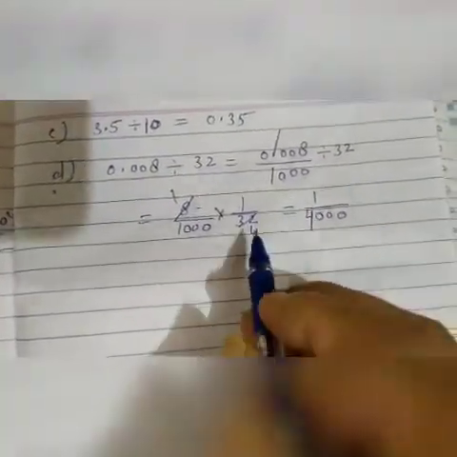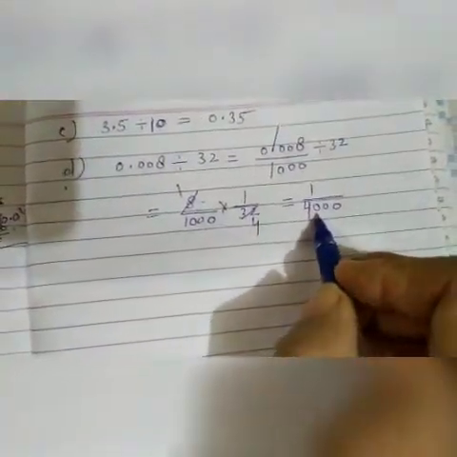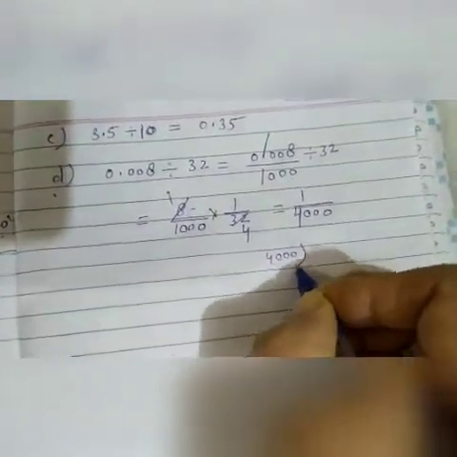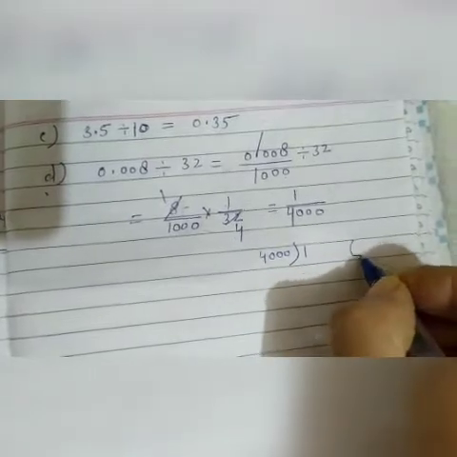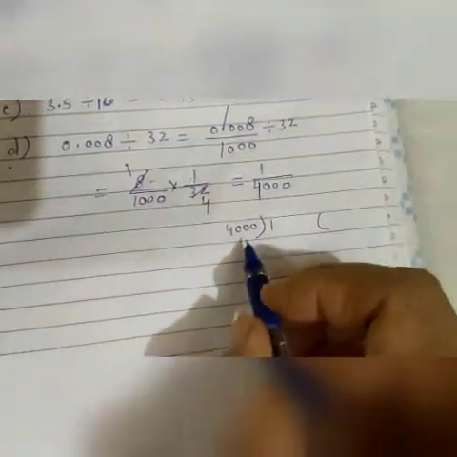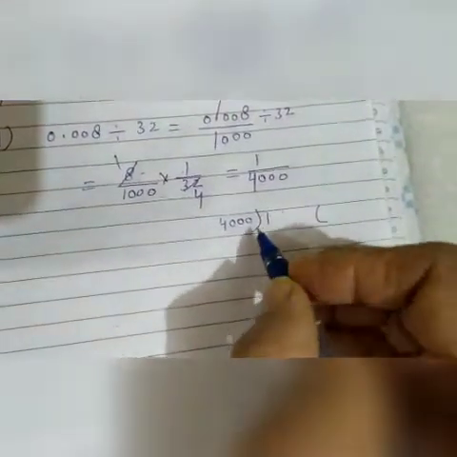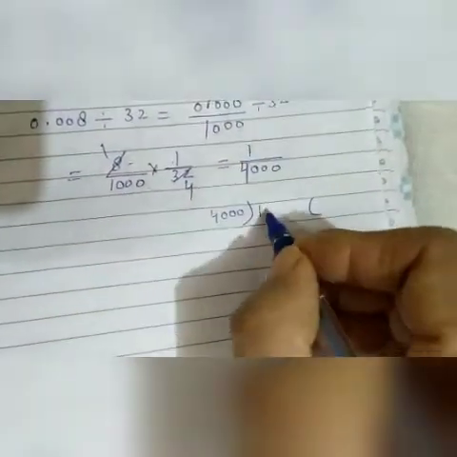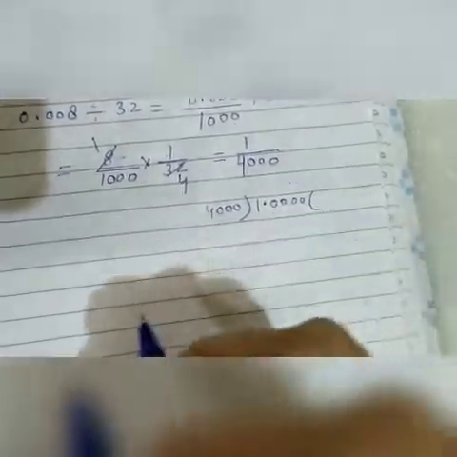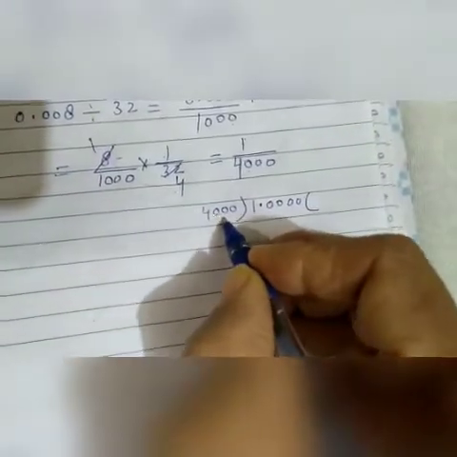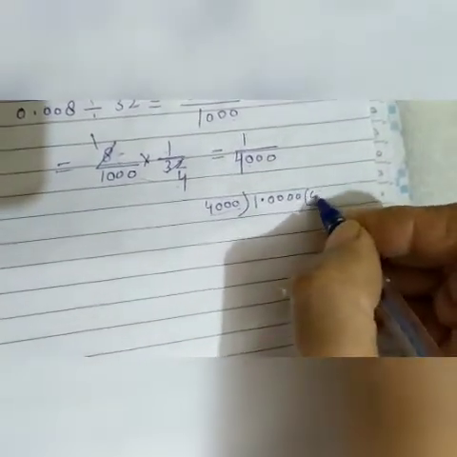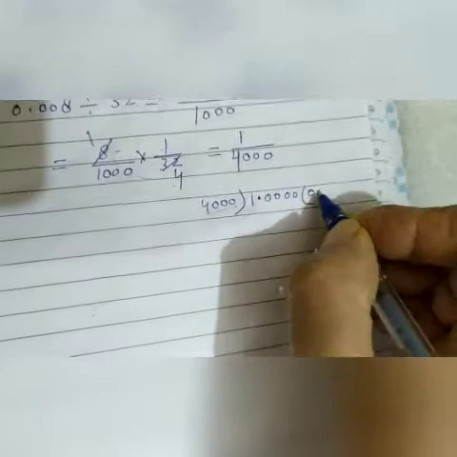Now we will divide this 1 by this 4000. See here. Students, it will be considered as 1.00. We can take it like this. Now we cannot read the table of 4000 under this one, so we write 0, then this decimal.